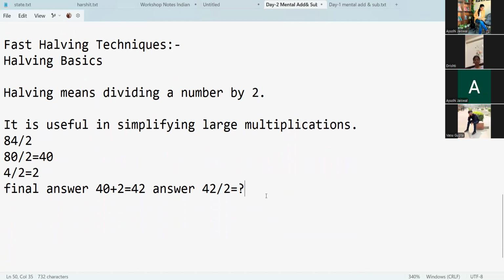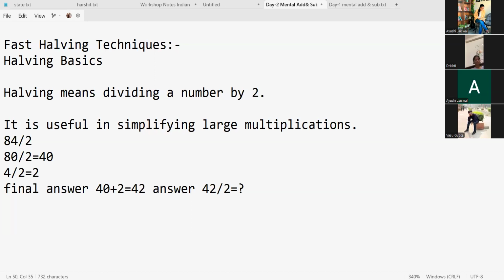Now halving the place digits also. Break and do. Now how to use it in multiplication? One number will be halved and one will be doubled, and then multiply.